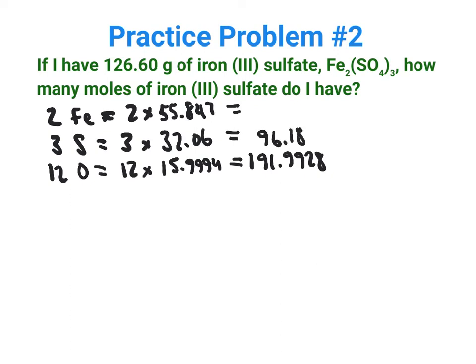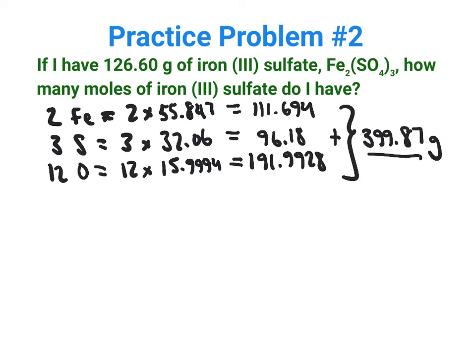And 2 times 55.847 is equal to 111.694. And then when I add all these together, 96.18 plus 111.694 plus 191.9928, to 2 decimal places is 399.87 grams.